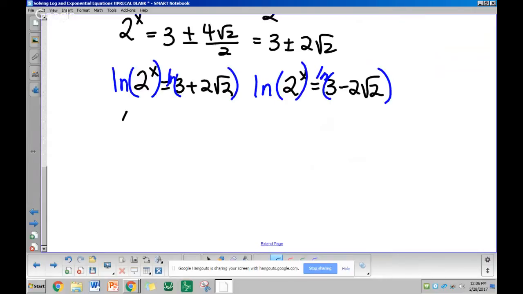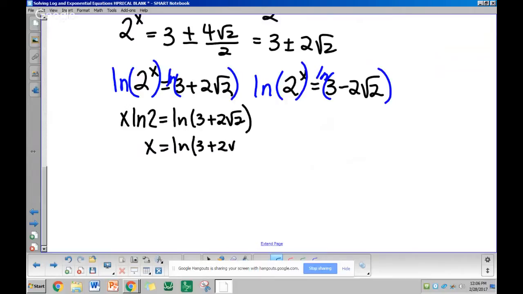And I get x times the natural log of 2 equals the natural log of 3 plus 2 root 2. X equals the natural log of 3 plus 2 root 2, all over the natural log of 2, and that's going to give us a number.